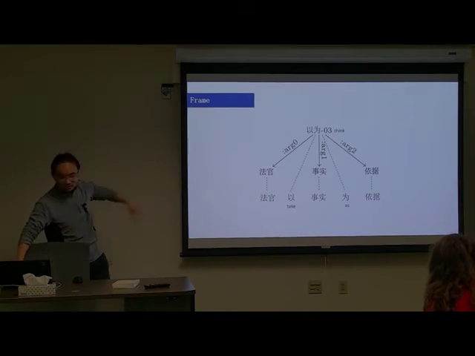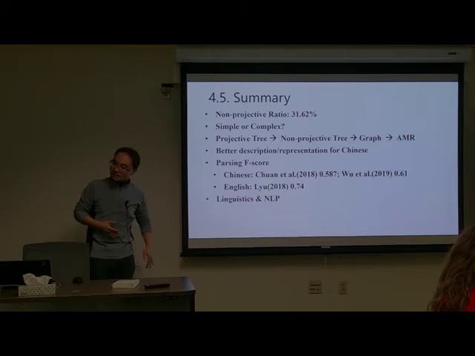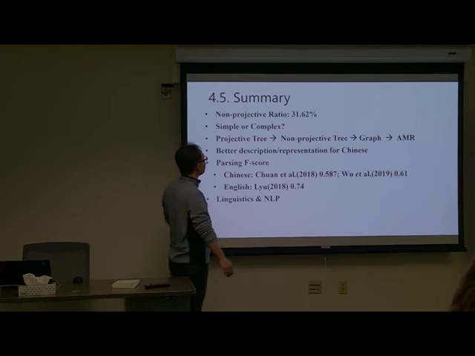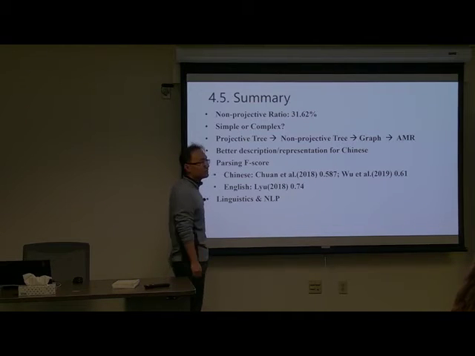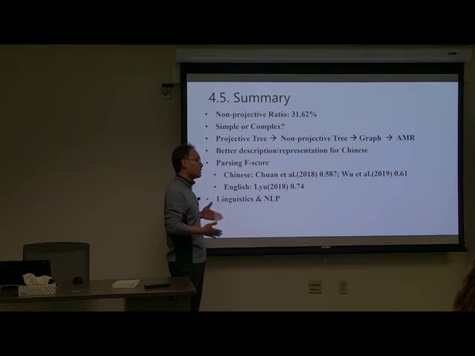And okay, this is for the separate word. So we found this ratio, and we found the real examples. So we are very happy about this, as linguistic background people.